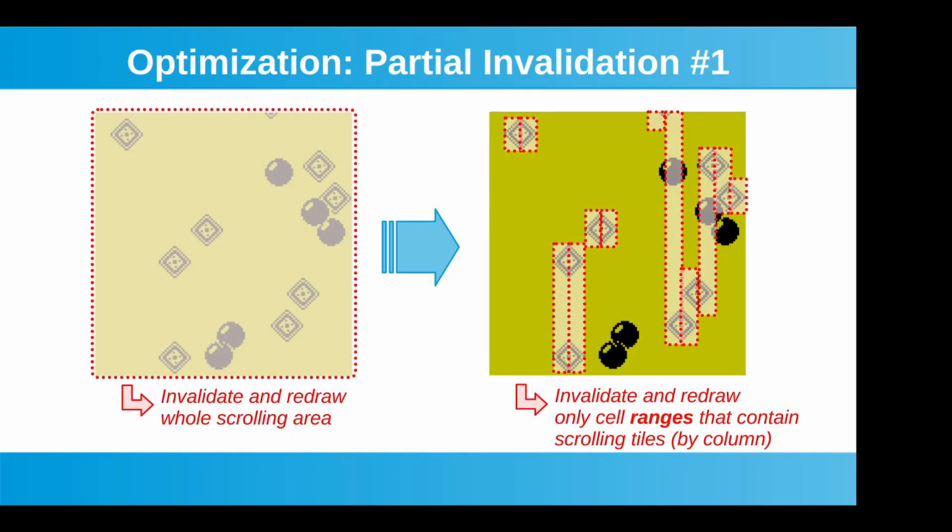Now, with the optimizations, we are going to start first by trying to not invalidate and redraw the whole scrolling area, but just to invalidate by column ranges. For the tiles that are being drawn, we are just invalidating the ranges of cells that those tiles cover on each column.